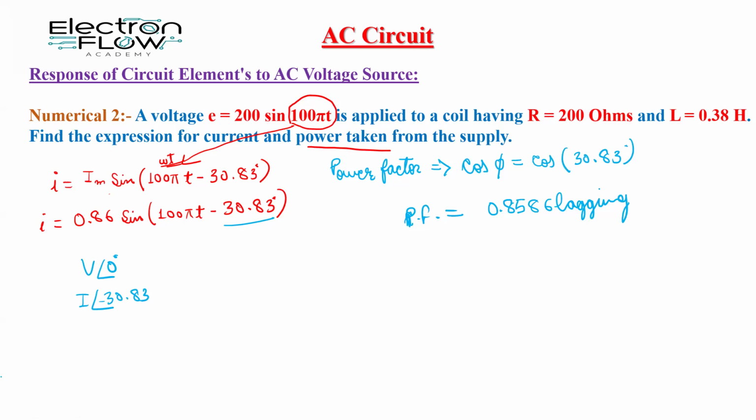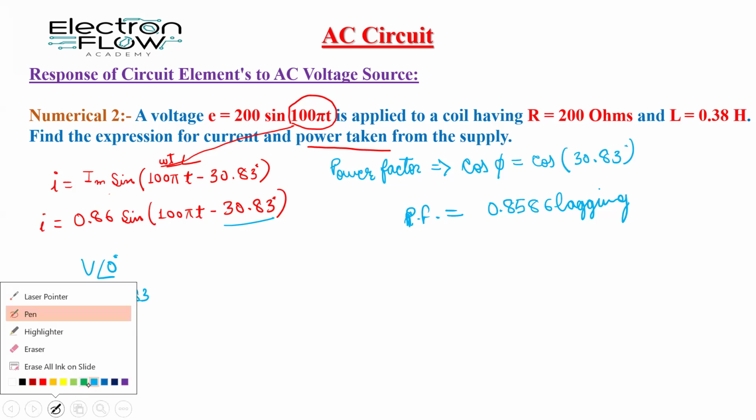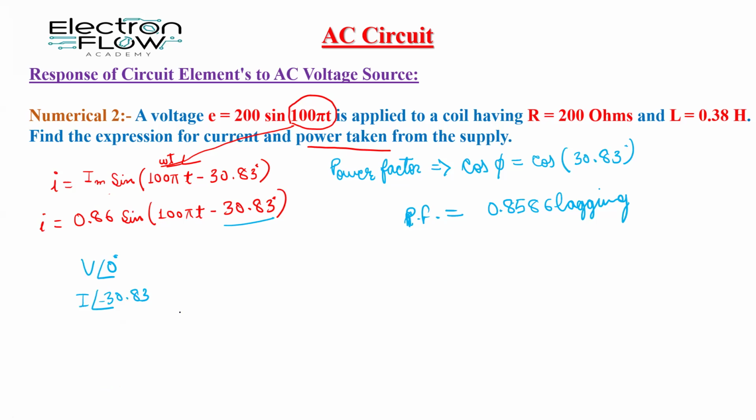Now, as we know, the formula for the active power is P equal to VI cos phi. We know the RMS value of the voltage, the RMS value of the current, and the cos phi value.